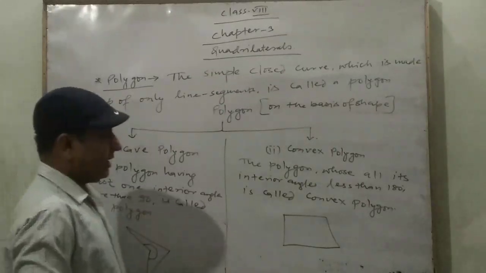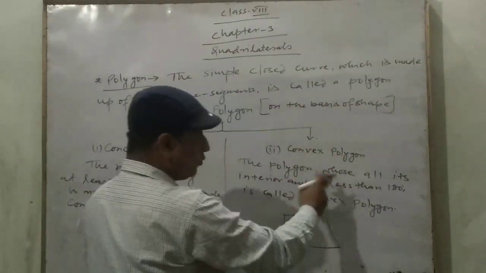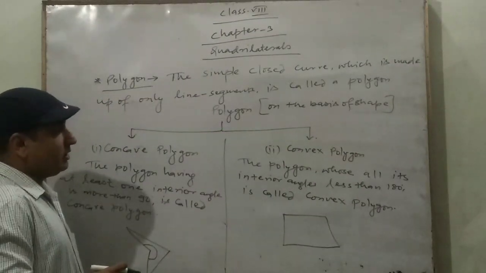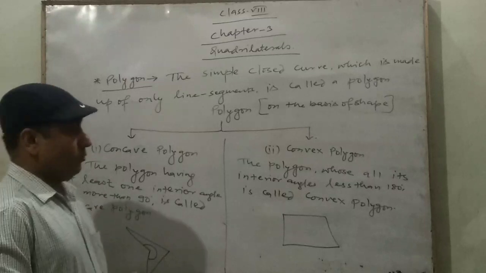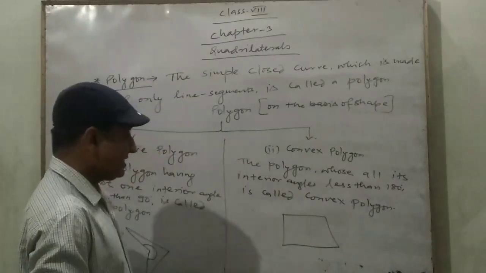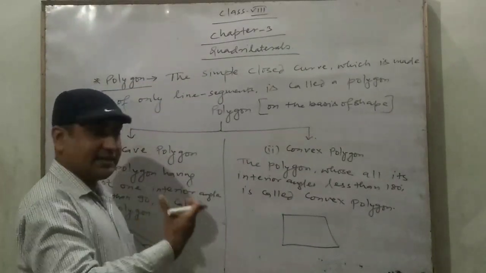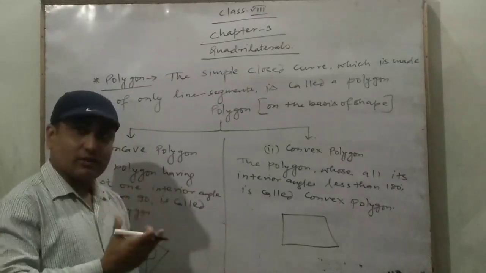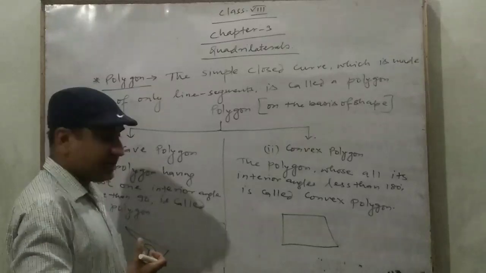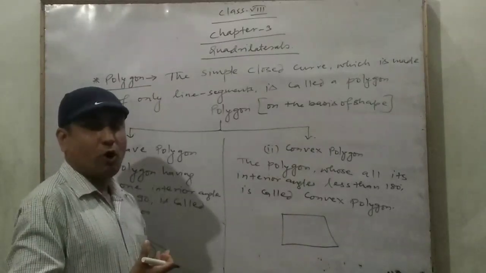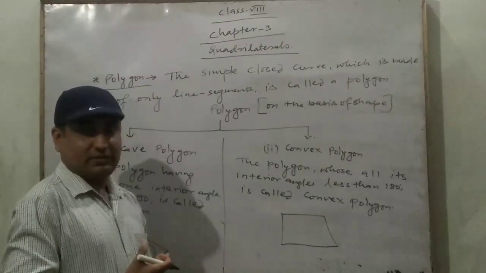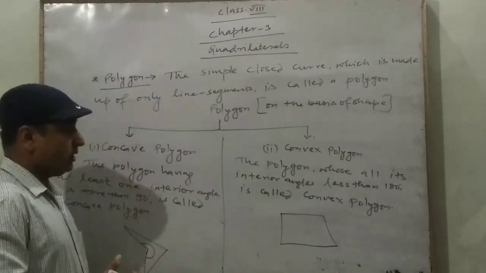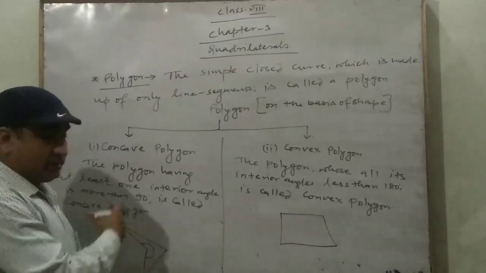And convex polygon: the polygon whose all interior angles are less than 180 degree is called convex polygon. वैसा पॉलीगन जिसमें सभी इंटीरियर एंगल्स 180 से कम हों, उसको हम लोग कन्वेक्स पॉलीगन बोलेंगे. I hope you have all understood very well. So let's erase this all, and I hope you have noted all the points.